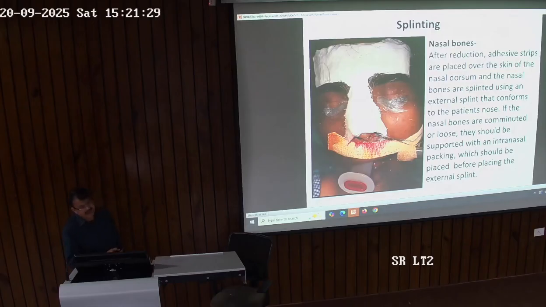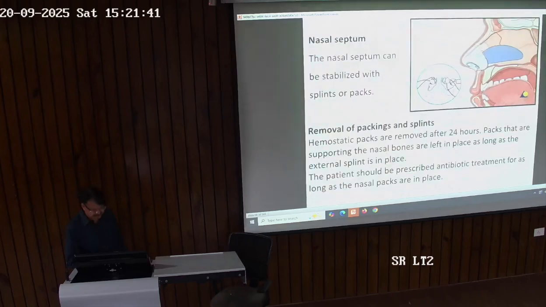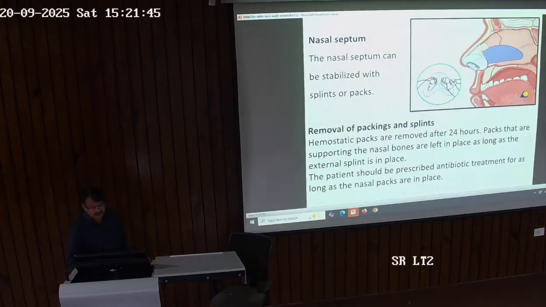After reduction, we place this splint for 21 days. If the septum is also involved, then we do the anterior nasal packing. The nasal septum can be stabilized with splints or packs.